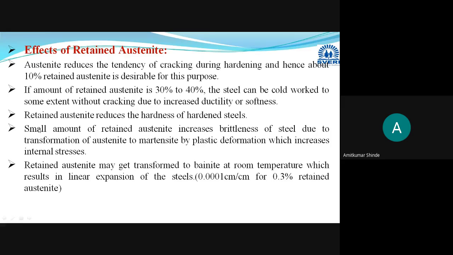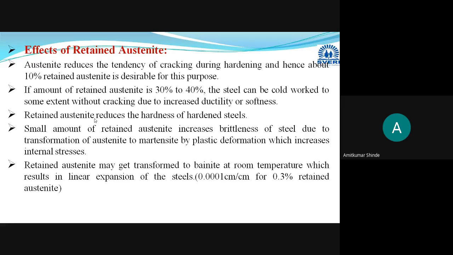Whenever the amount is on the higher side, or suppose you want to improve its hardness, you want better hardness in that particular type of steel, then you have to eliminate this retained austenite. You have to eliminate it to improve the hardness, its wear resistance, its cutting ability, and to provide stability to that particular steel component.